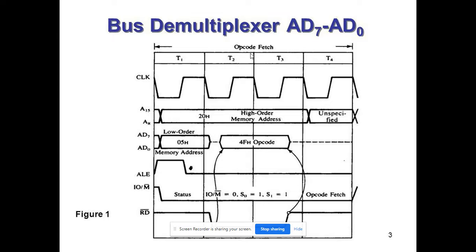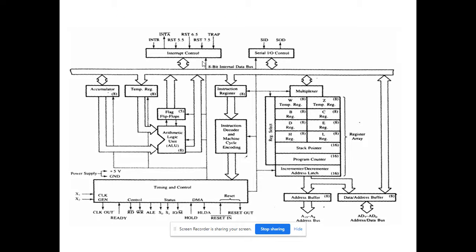The opcode comes from the memory and is stored in the instruction register, and then goes from the instruction register to the instruction decoder.